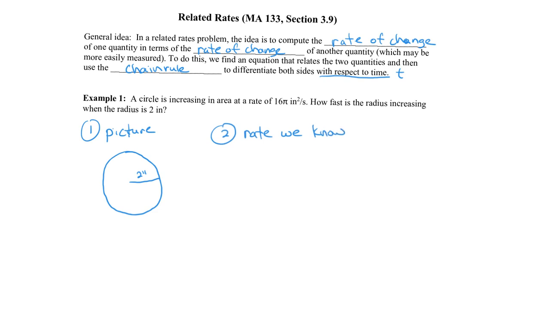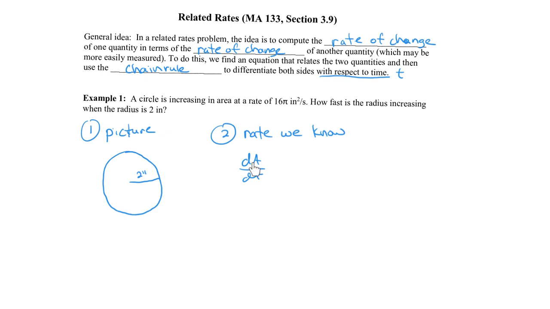Step 2. In this case, it tells us that the circle is increasing in area at the rate of 16 pi square inches per second. And when we think of this rate, the rate we know, I'm going to write it in Leibniz notation. It says it's increasing in area, so I'm going to think of it as the change in area with respect to time.